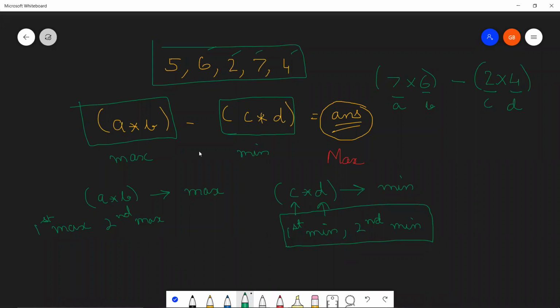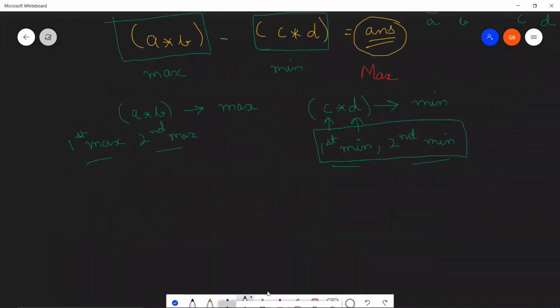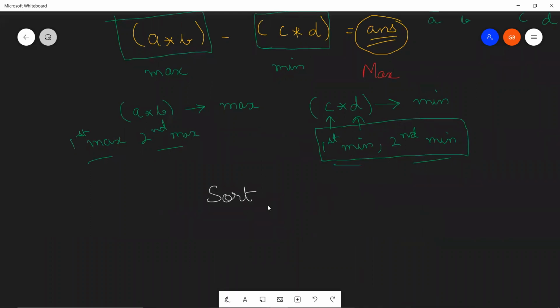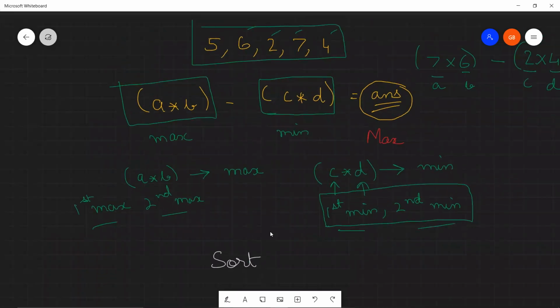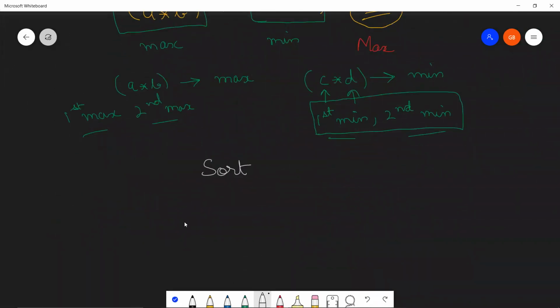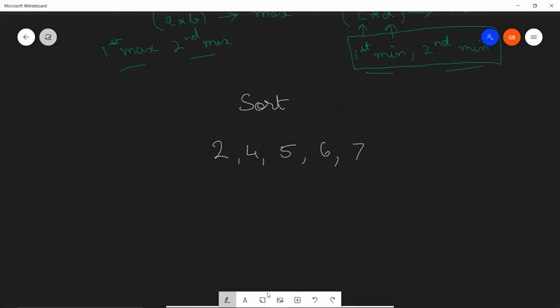Now, how do we find the first max, second max, the first min and second min? The most basic way to do this is very simple. You just go ahead and sort your array, right? So the array is 5, 6, 2, 7, 4. After sorting, this will give you 2, 4, 5, 6, 7. Now the question calls it nums, but I'm going to call it array, just for my simplicity's sake.